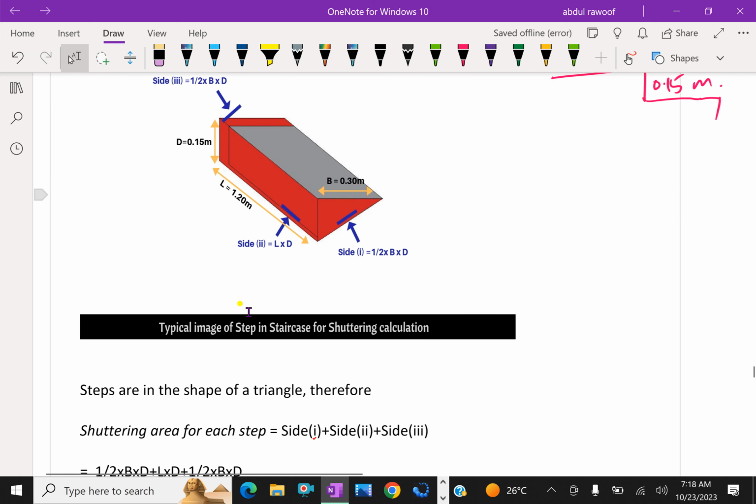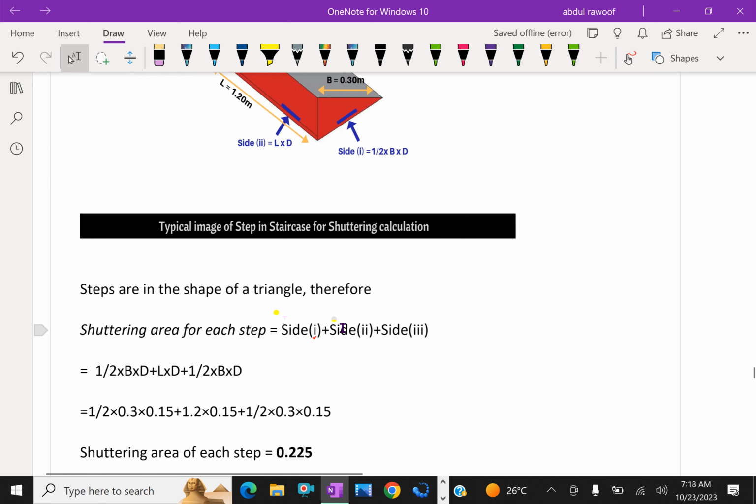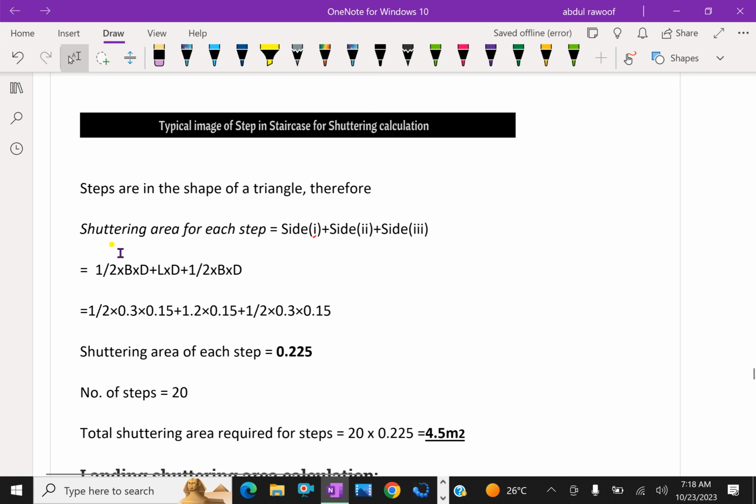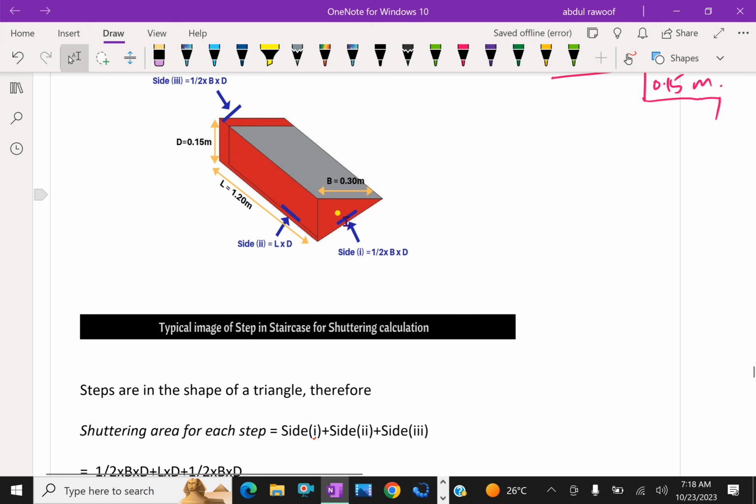So you have to calculate these steps as shapes in triangle. You know that the shuttering area of each step is side 1, side 2, side 3, and side 4 bottom. Side 1 and side 2 are triangles, that is half base into depth, another L into D base, and half B into D, left and right.